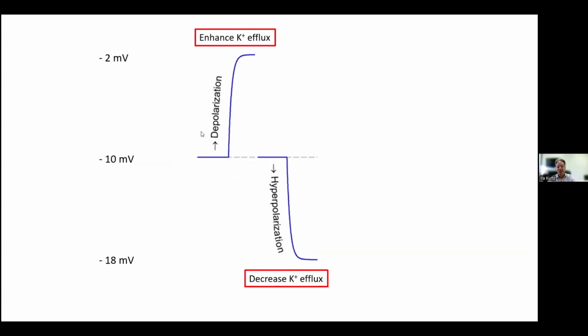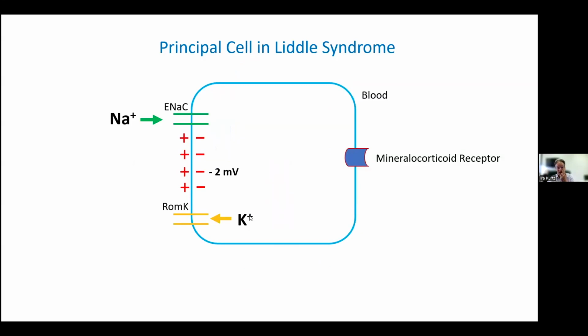Okay, so depolarizing that voltage enhances K secretion or K efflux across the cell membrane, and hyperpolarizing the cell decreases K efflux. So what's going on in Liddle syndrome? Well, in Liddle syndrome, we have a ton of sodium coming in, so the voltage is now depolarized. It's -2, -3 as an example. No one's ever measured it in a patient, obviously, but it's depolarized.